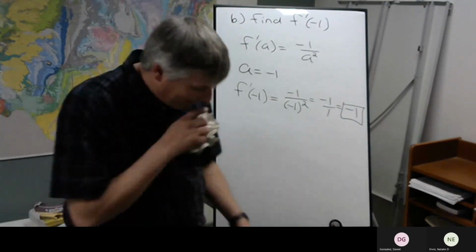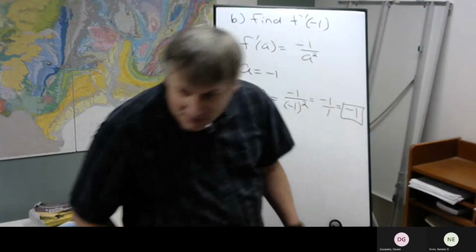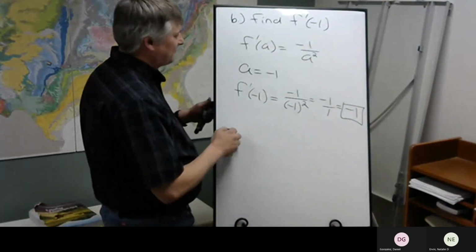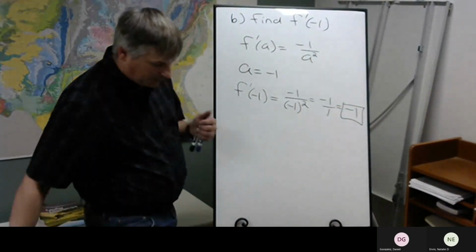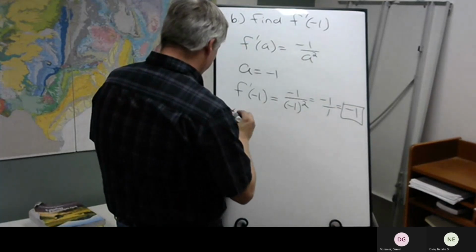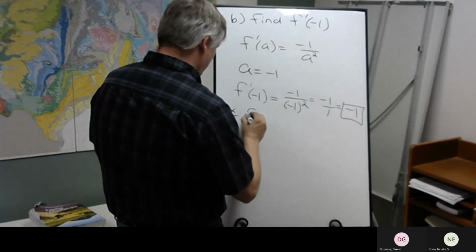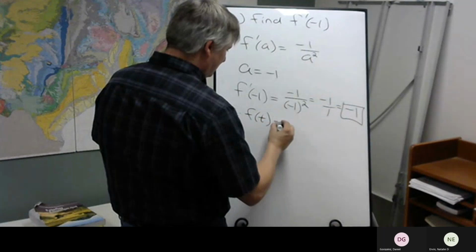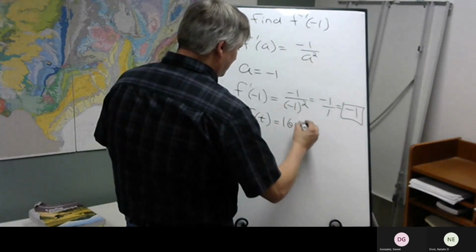All right. So let's see. Let's do this one. F of t equals 16t squared.